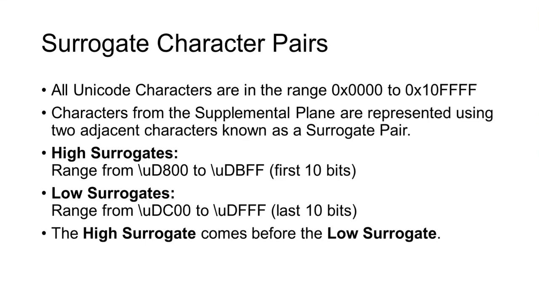Those different surrogates are used to represent the first and second set of 10 bits of the encoding, and they're used as a pair, with the high surrogate always coming before the low surrogate by convention. That pair of contiguous characters can represent things that are outside of the basic multilingual plane, in the supplemental or astral planes, and that's how surrogates work.